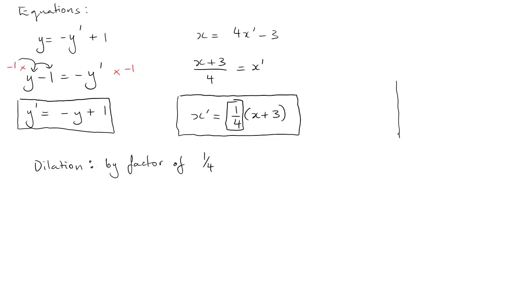What's happening to the x values? If you consider the point 1 and 1, and you're timesing the x value by a quarter, suddenly it's here. So it's a quarter and 1. It's being dilated parallel to the x-axis, or towards the y-axis.